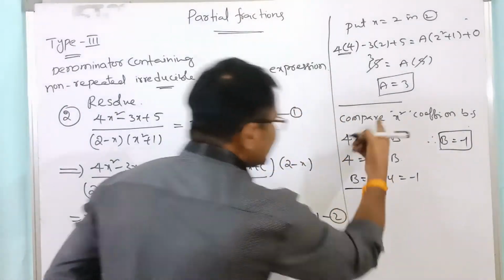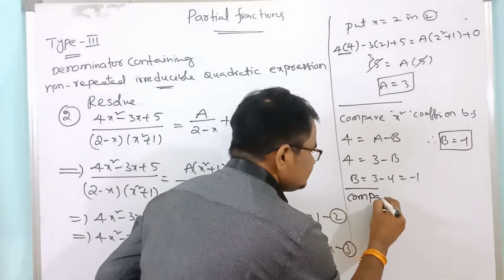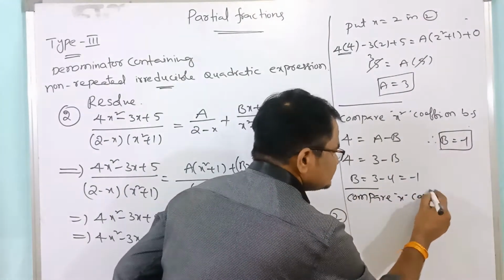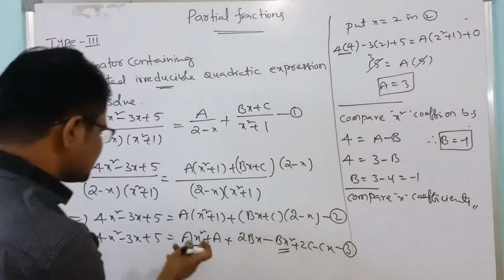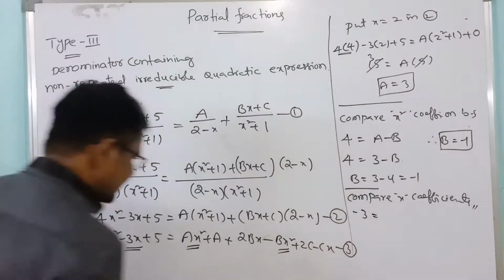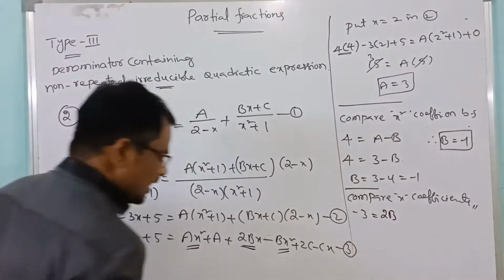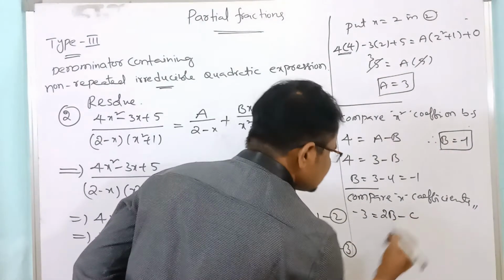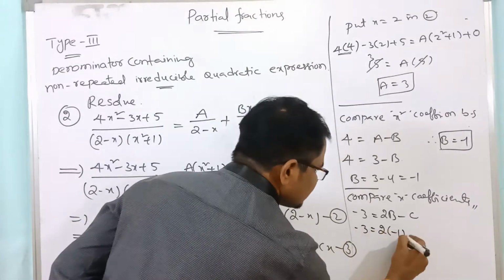Next, for getting the c value, compare x coefficients. In equation number 3, the left side x coefficient is minus 3, and the right side x coefficient is 2b minus c. But b value is minus 1, so minus 3 equals 2 into minus 1 minus c.